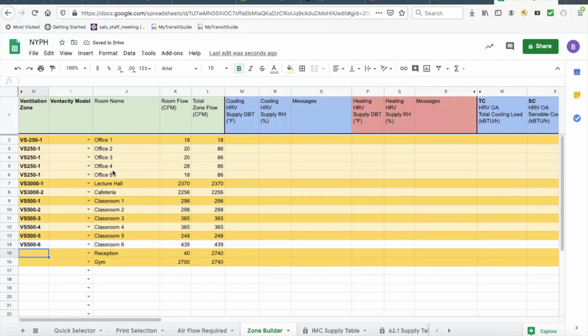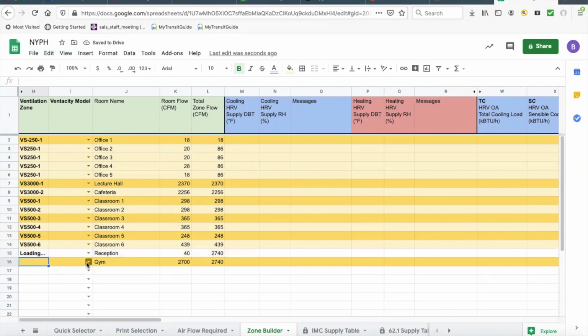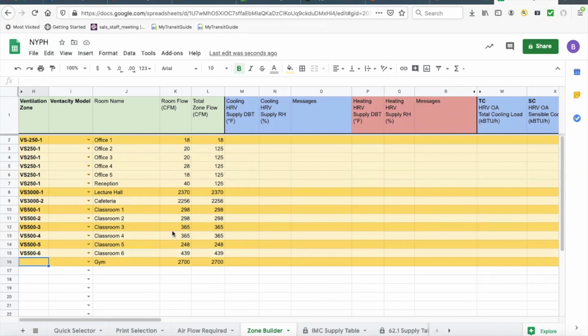So there's that whole zone at 86 CFM. You can do the reception too. And I've got that whole zone done together. It's 125 CFM in that zone. And then I've got the gym.